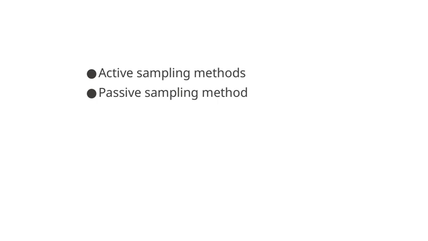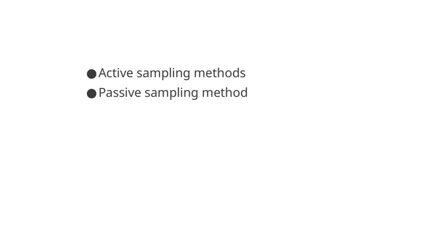With passive sampling, we simply gather data as it naturally occurs or is easily accessible, without trying to influence which samples we get. Both approaches have their place, but in the context of our overall goal, optimizing data collection and model performance, understanding the difference helps us decide when to be proactive and when to go with the flow.